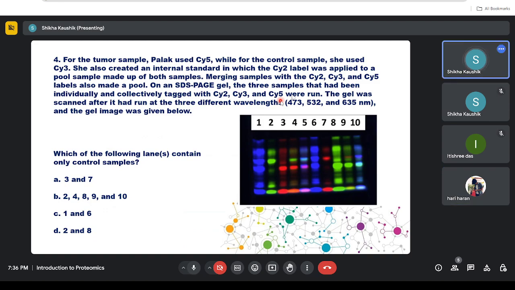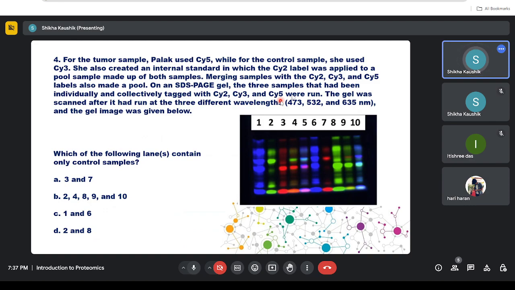And the pooled is... CY2 should be yellow. CY2 is not yellow, CY2 is blue and CY5 is red. रेड. सो कंट्रोल सैंपल के लेन्स कौन से हैं?